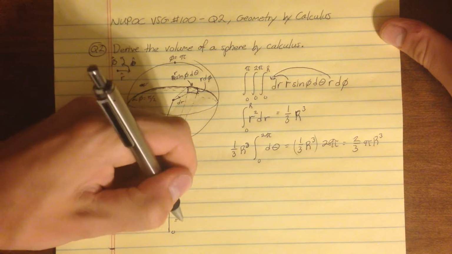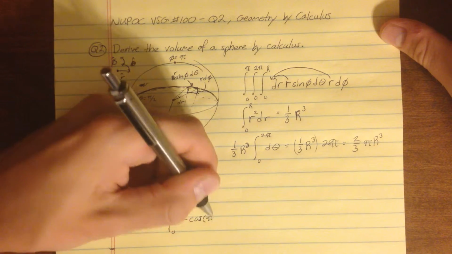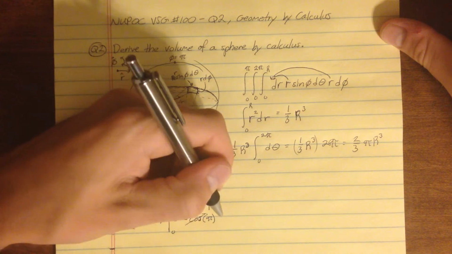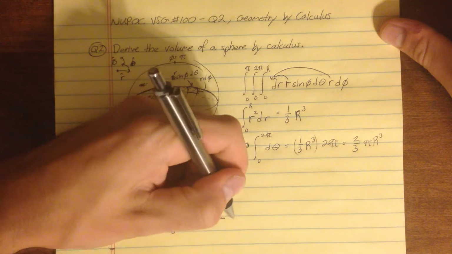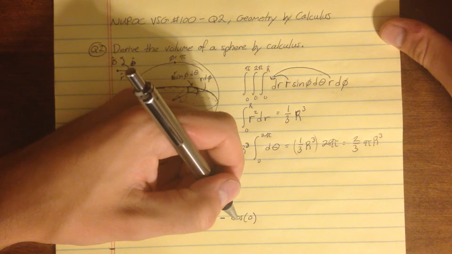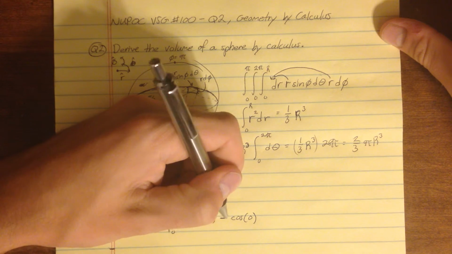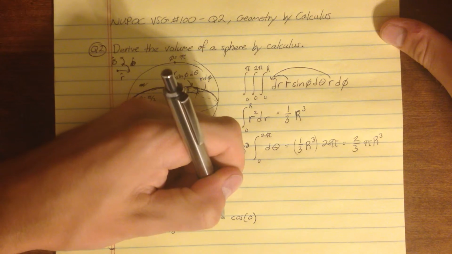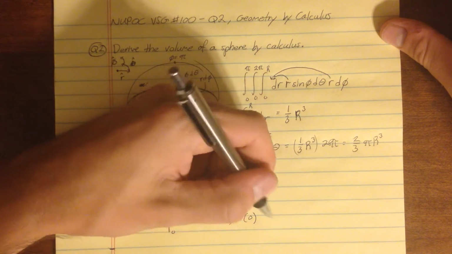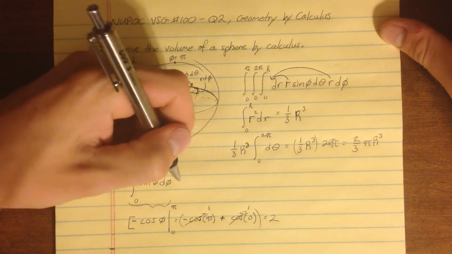Negative cosine of pi, well, cosine of pi is -1, so the negative of that is just 1. Then we subtract the negative cosine of 0, so we're just adding the cosine of 0, which is 1. So this whole integral equals 2.